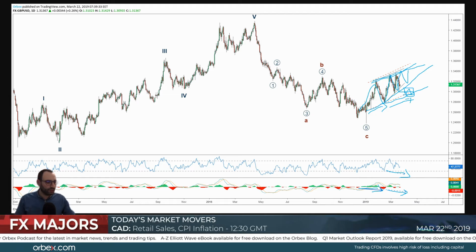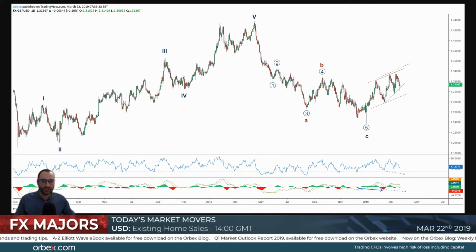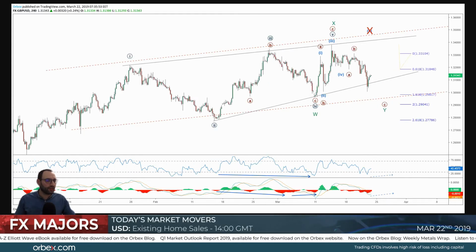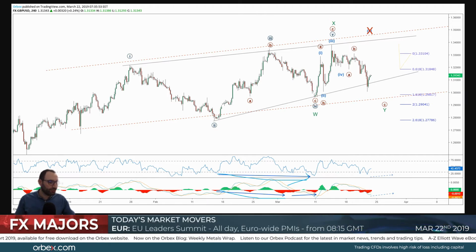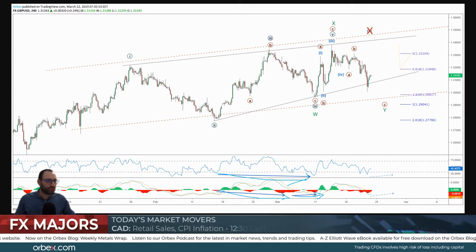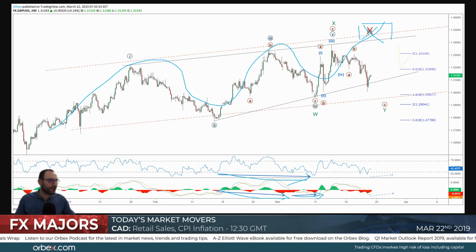Now, on the longer term, prices look a little bit more bullish, as I have been insisting over the past few sessions that I talked about the pound. So down on the 4-hour chart, again, we see some bullish signals coming in. We see prices have failed to deliver this 5th wave, so that is a failure here.